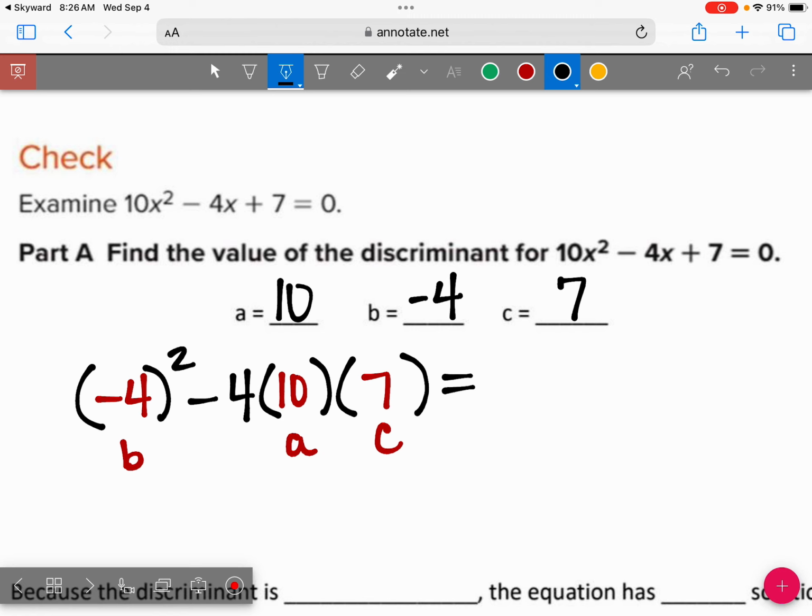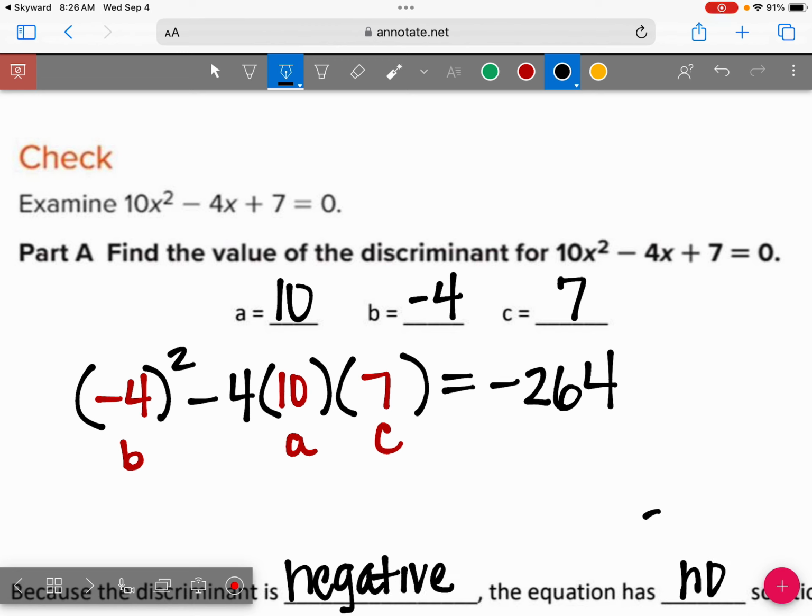You have to put it in exactly like that. So what did you all get? Negative 264. Raise your hand if you got that number. So because it's negative, what does that mean? Zero solutions. It has no solution, or you could say it has zero solutions.